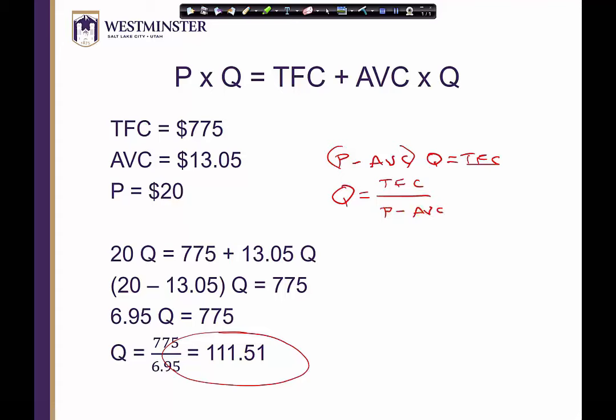Now, sometimes we know the average variable cost, such as we knew it when we put this together, because we knew how much per shoe or how much per pair of shoes we had for labor and for the different inputs that we had. Sometimes we know that, sometimes we don't. But when we do know that, you have this very simplified quantity can be equal to total fixed cost divided by price minus average variable cost.